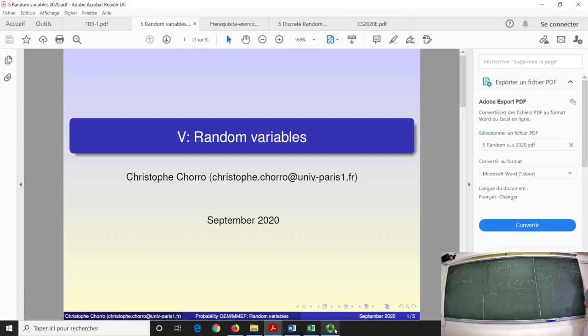It's a mapping depending on the outcomes of a random experiment. So this is an intuitive definition. We are going to see an example of what I mean by it, and then we are going to see a definition that is a little bit more robust.